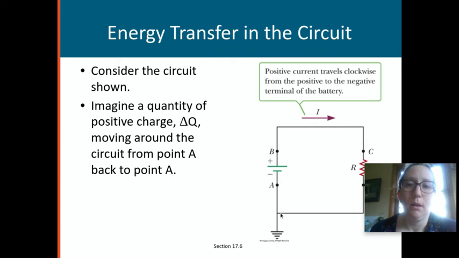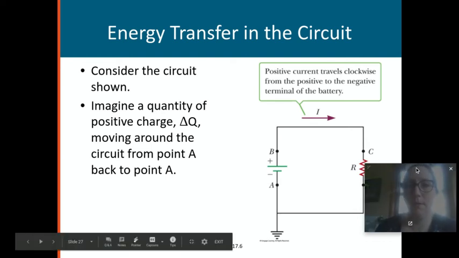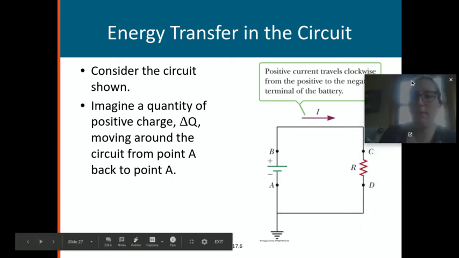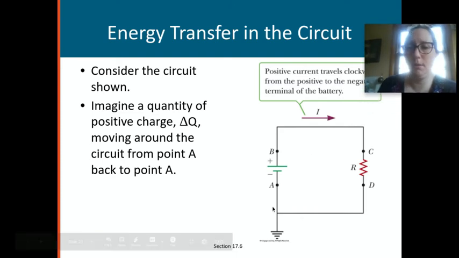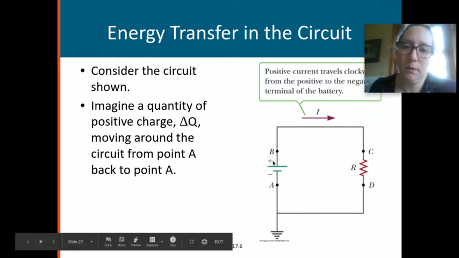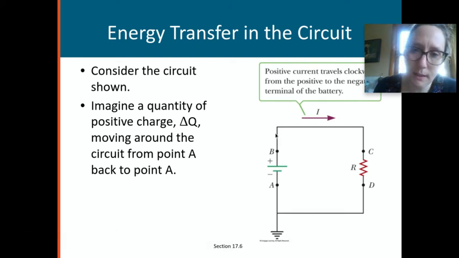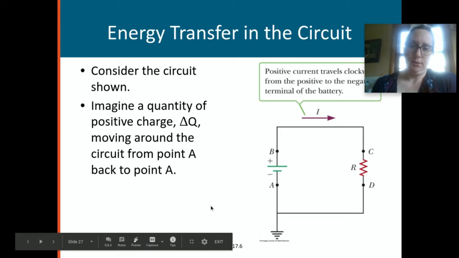All right, so we have a very simple circuit here. Ignore this symbol, it's a grounding symbol. So we have a battery. Notice positive side, negative side. Notice the current comes out of the positive side. And this squiggly line right here is a resistor. I think that's all they're trying to show you there.